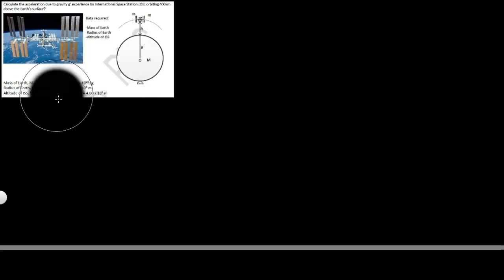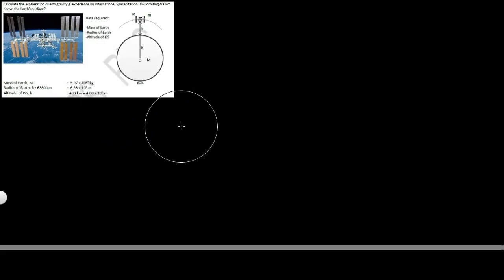Here they have drawn for us the planet, which is the Earth, and outside the atmosphere we have the ISS orbiting the planet, where the distance from the surface of Earth is equal to 400 kilometers. So all the data has been given here.